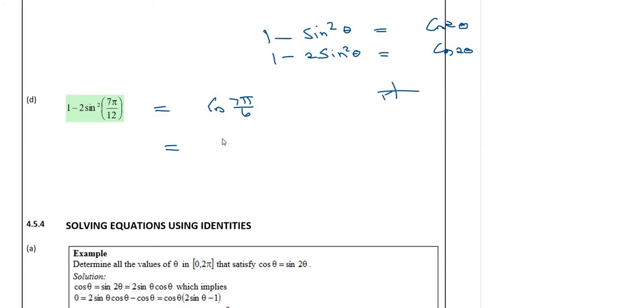So therefore it's minus the cos of the reference angle, pi over 6. Okay, pi over 6 is 30 degrees. So this is going to be minus square root 3 over 2.